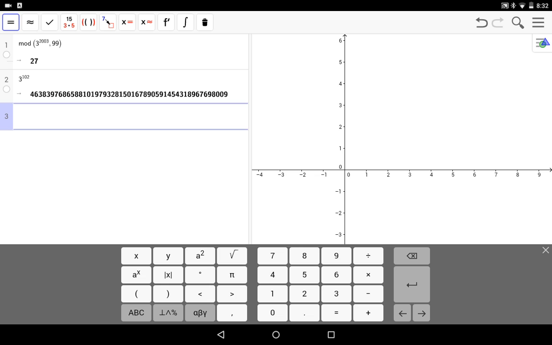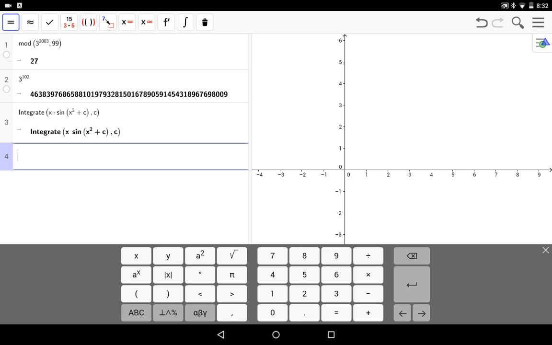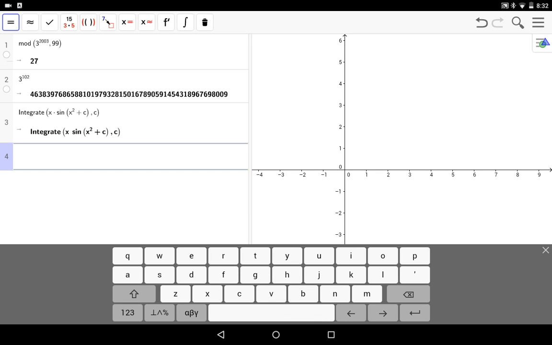That includes things like integration. Say x times sine of x squared plus c comma x. Oops. There's an integration. If I type it here, it'll autocomplete for me.